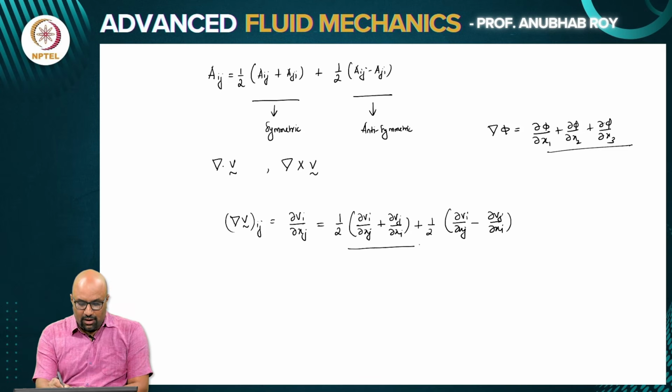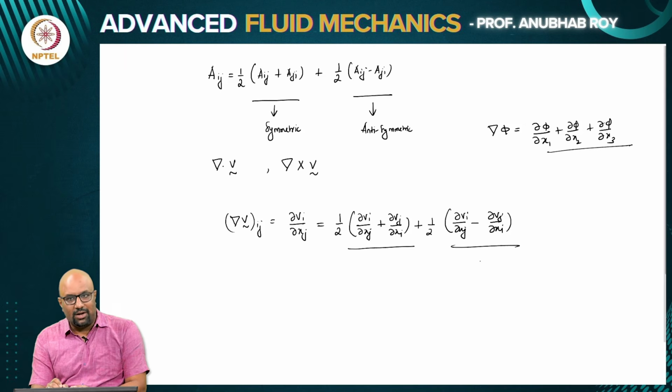So the velocity gradient, which is a quantity that is of immense interest when we do fluid mechanics, actually has a part that is symmetric and a part that is anti-symmetric.